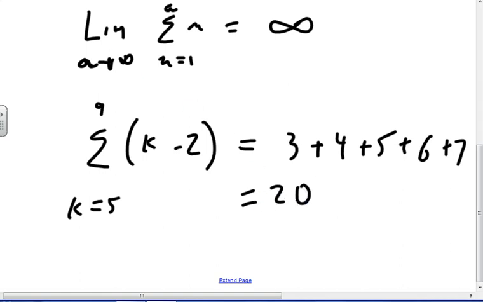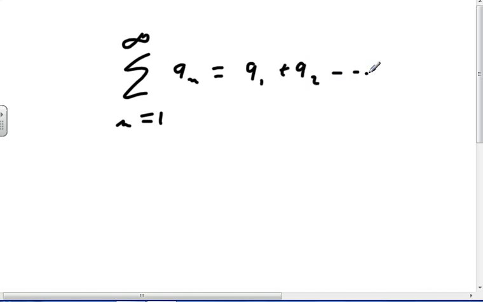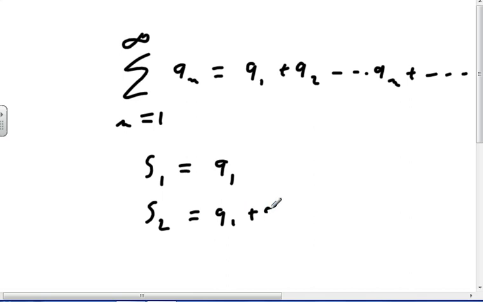Not that I would really care about that. So now, if we have a series n equals 1 to infinity of a_n, so I've got a1 plus a2 plus a_n plus, goes on forever. The issue is, how do we know whether these are converging or not? Well, we have a partial sum. The partial sum of the first term is a1. The partial sum of the first two terms, a1 plus a2.